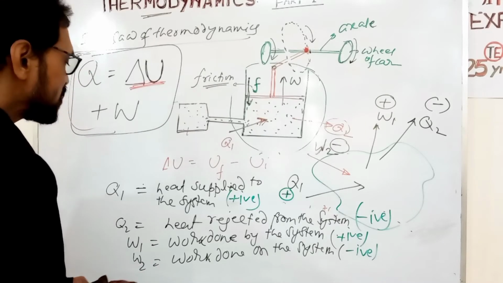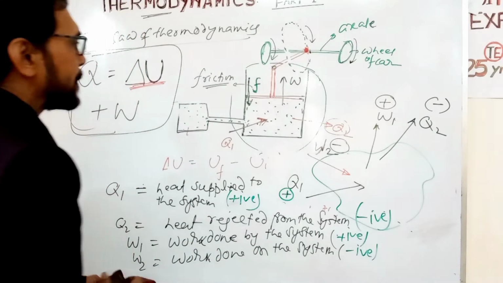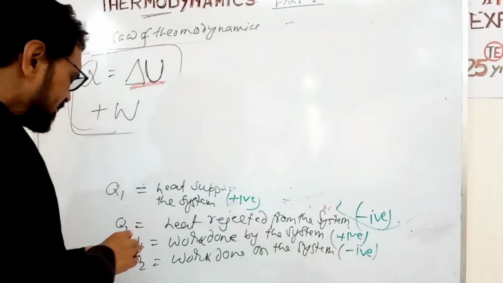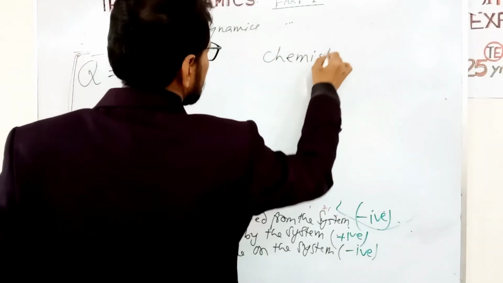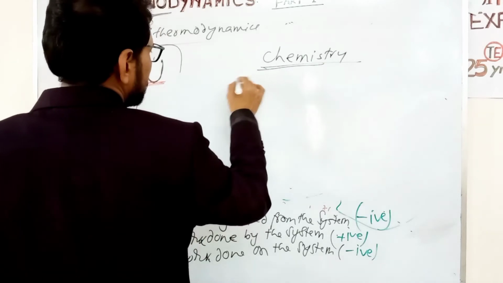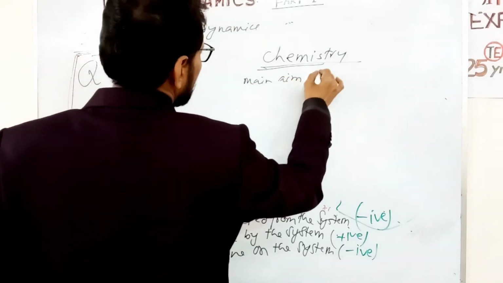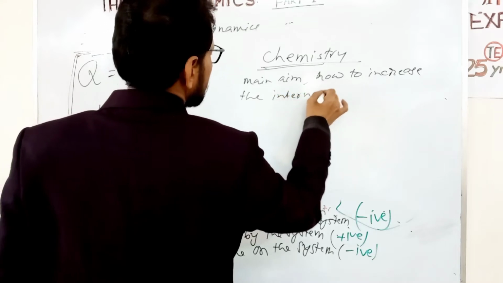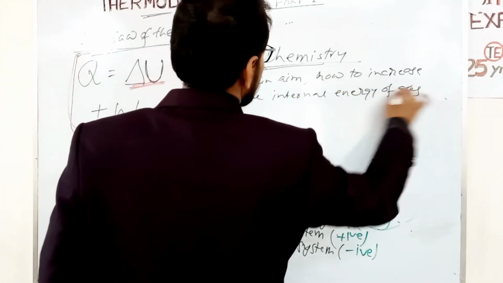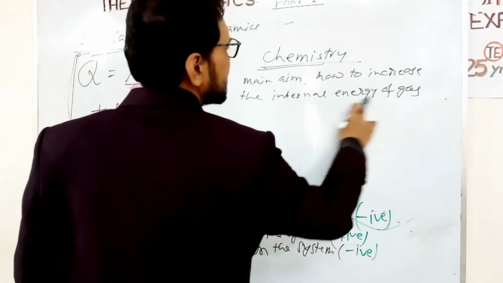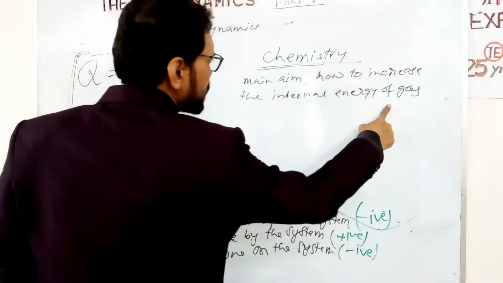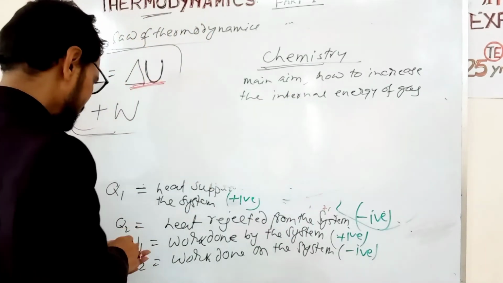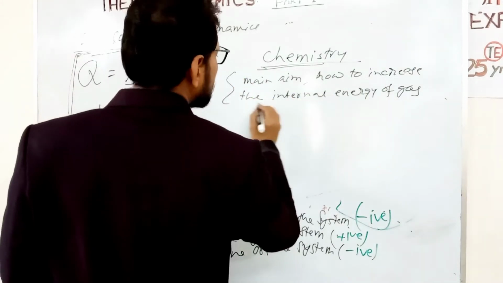In physics, our purpose is to get some work done by the machine, but in chemistry, our main aim is how to increase the internal energy of the gas. So which factor increases the internal energy of the gas? We take that factor as positive, and the factor which decreases the internal energy of the gas is negative.